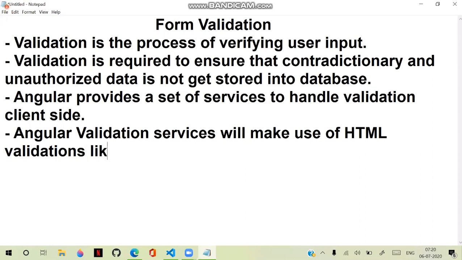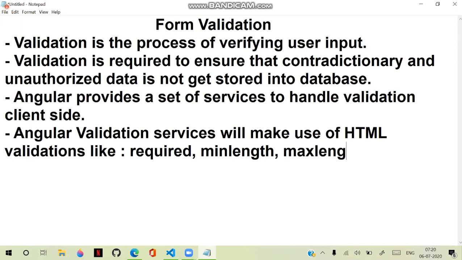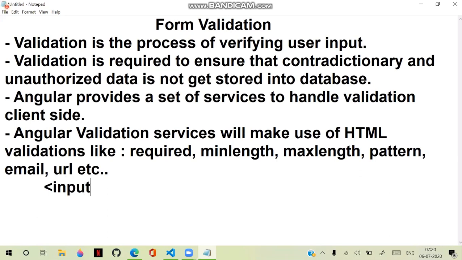HTML validations are like required, min length, max length, pattern, email, URL. All these are HTML validations actually. If you know HTML5, it has input type equal to email. I think you know that it will validate email by default. And you can use min length equal to 10 characters.